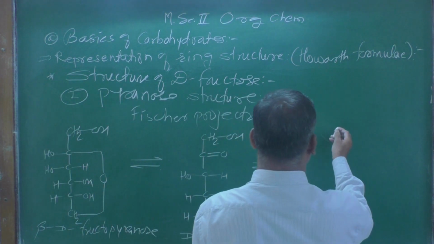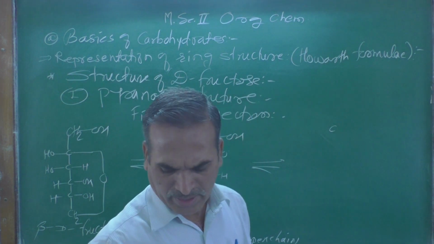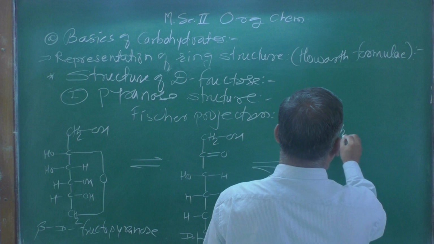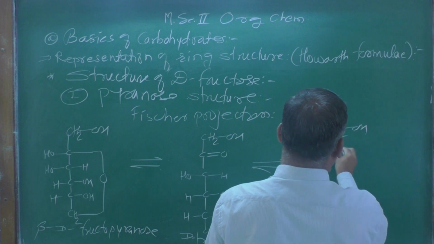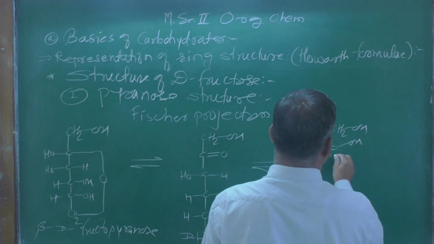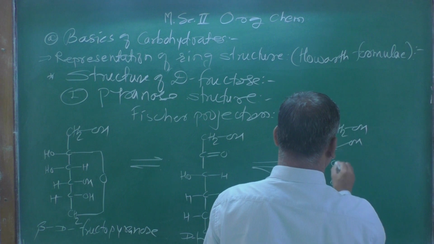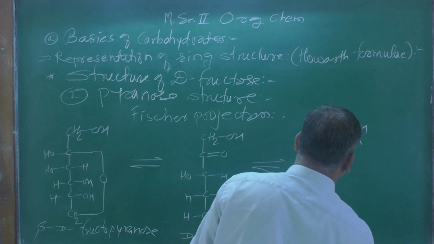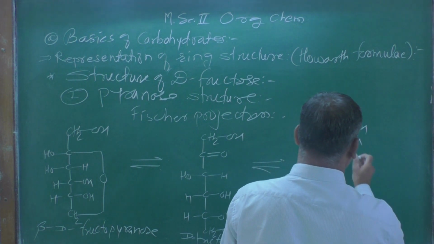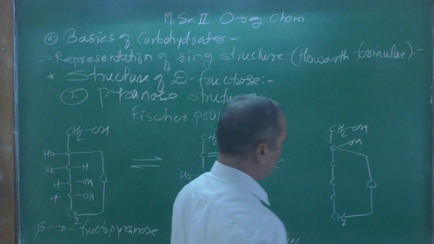Whereas here, we will get CH2OH, and at this carbon atom there is a hydroxy group, again one more carbon atom, 1, 2, 3, 4, 5, and this CH2 and O you can write over there.